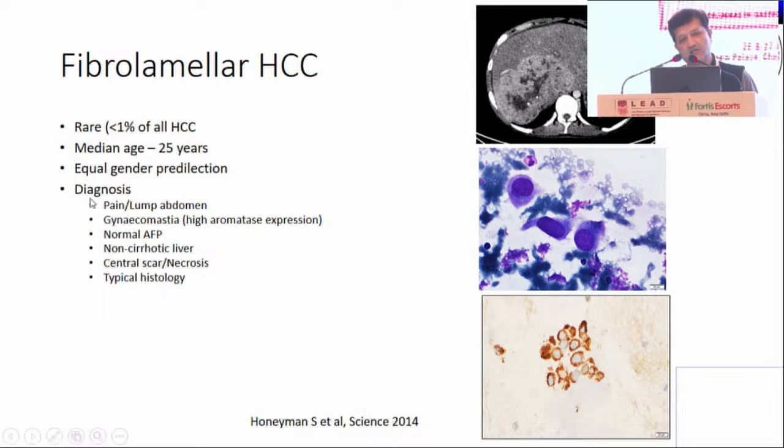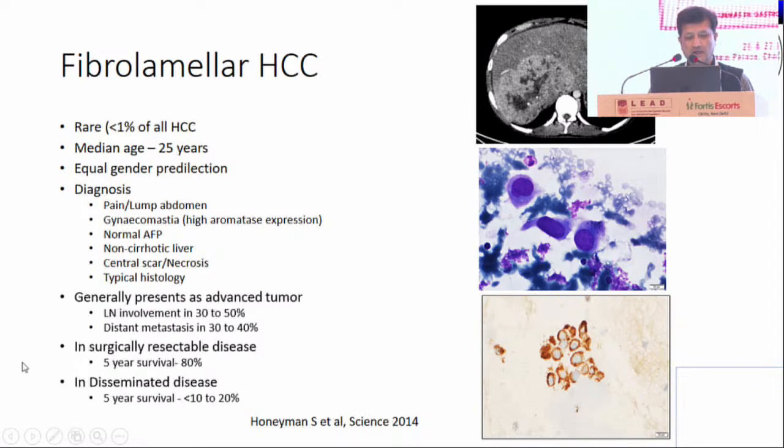Unlike conventional HCC, it has an equal gender distribution, normal alpha-fetoprotein, typical radiology with a central scar, and typical histology. Even if they come with extensive disease, they are usually resectable because they have a non-cirrhotic background, and they carry a better prognosis in comparison to conventional HCC.